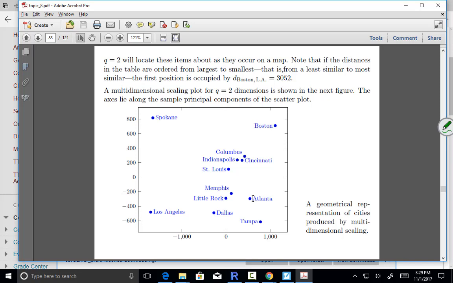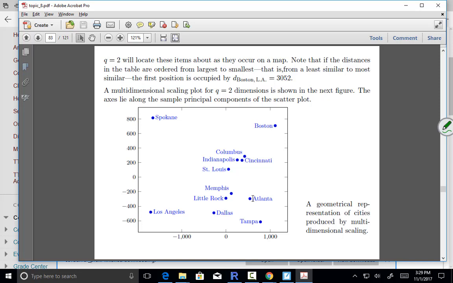This is an algorithmic representation. You tell me the distances between all the elements, and the algorithm will find a lower dimensional picture. In this case, a two-dimensional picture. So this is like taking all those 12 cities and projecting them down to a two-dimensional view.